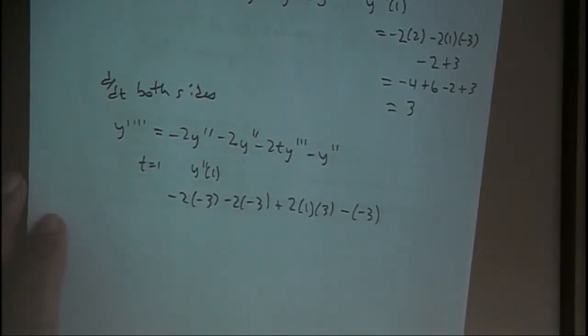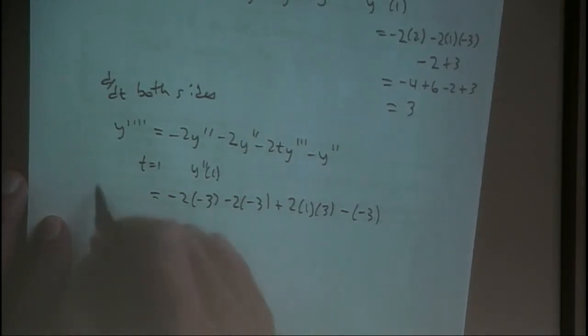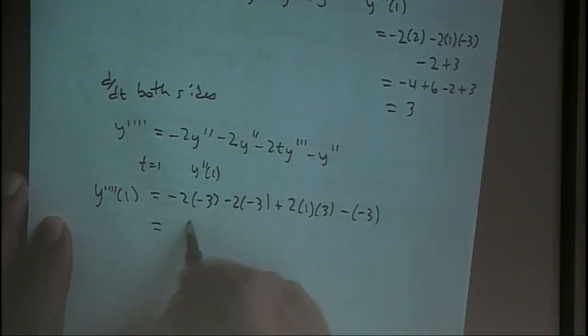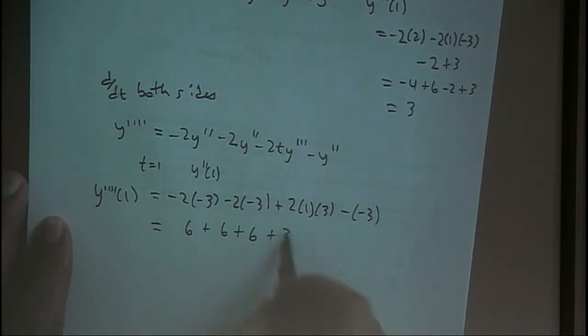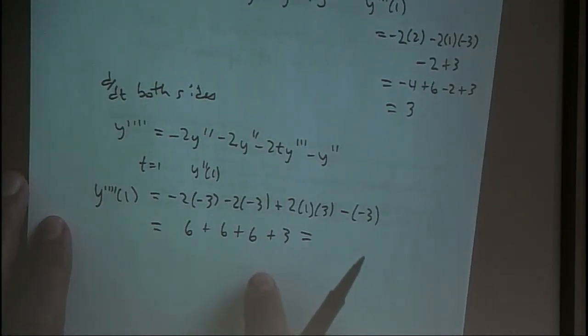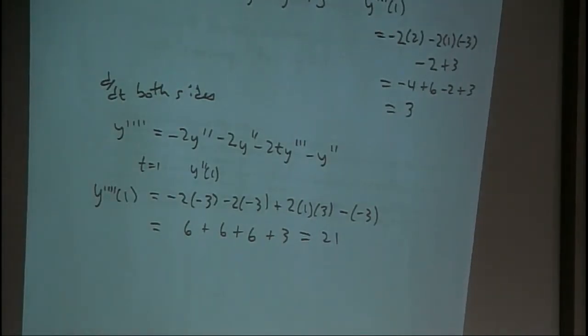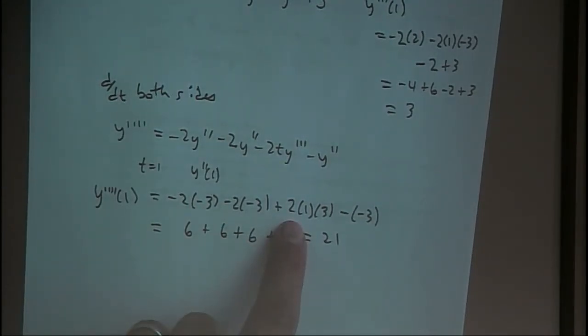All right, let's work out this stuff with the fourth derivative evaluated at 1. So I got 6, another 6, another 6, and another 3, plus 3. So, let's see, 6 is, what is it, 24, 21. Is that right? I believe. Let me double check.